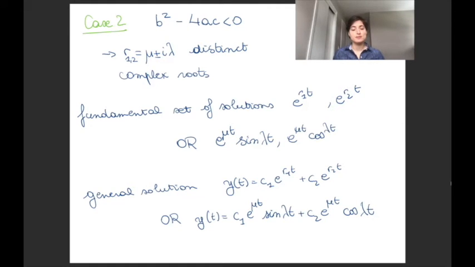So our fundamental set of solutions is exponential of the real part times t multiplied by the sine of the imaginary part times t, and the exponential of the real part times t multiplied by the cosine of the imaginary part times t. Our general solution will be the sum of our two fundamental solutions with different coefficients in front: c1 exponential of mu t times sine lambda t plus c2 exponential of mu t cos lambda t.